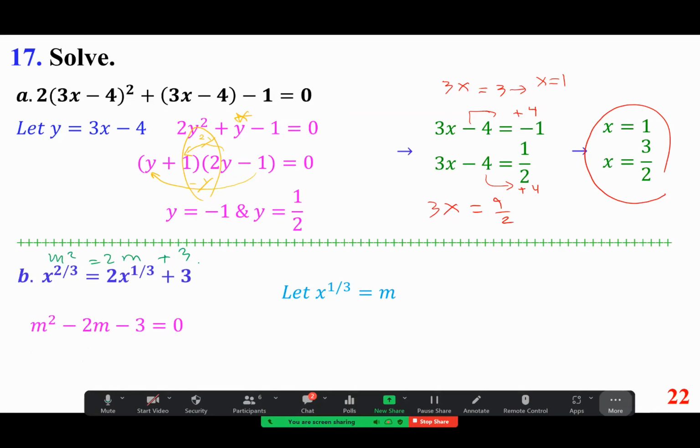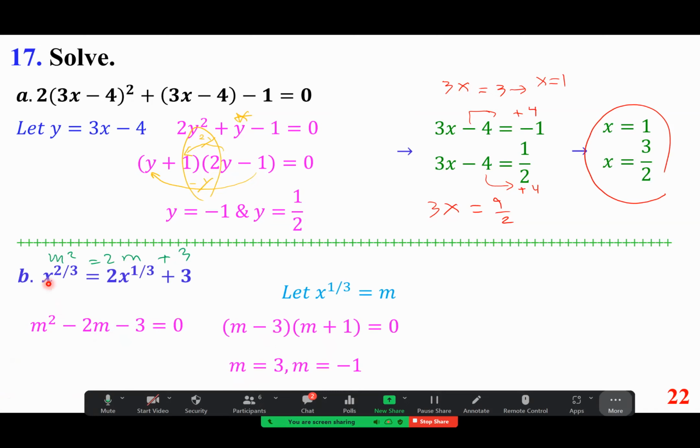Therefore, we can factor. We want 2 numbers whose product is negative 3 and whose sum is negative 2, so negative 3 and positive 1. So m is either 3 or negative 1. Again, we are not solving for m, we are solving for x.